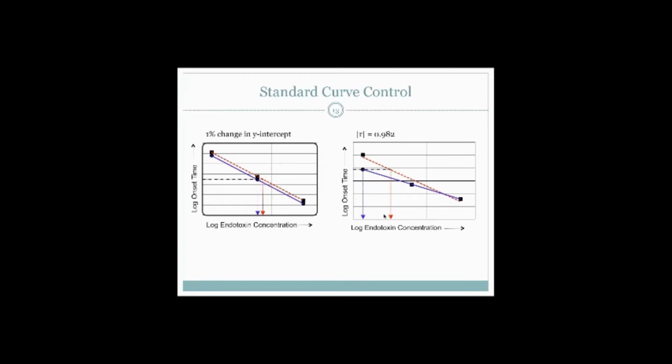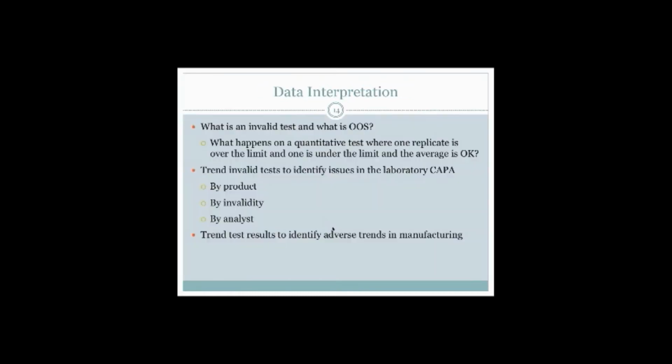But keep an eye on the onset times, because within a certain combination of lysate lot and endotoxin lot, those onset times should be consistent. If the onset times start to shift, you've got a problem. The onset times are reflected in the slope and the y-intercept, so you can watch those as well. But the point here is, in order to minimize variability and maximize accuracy, you really do need to manage the standard curves.